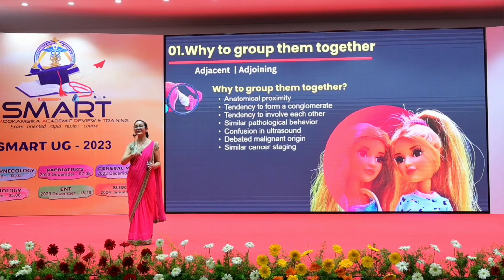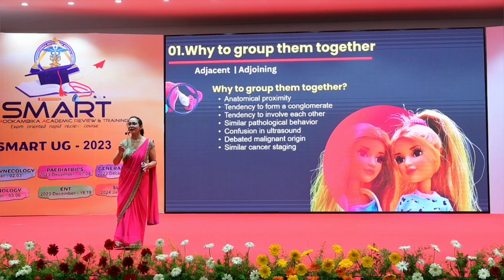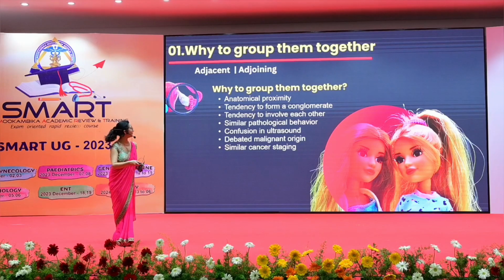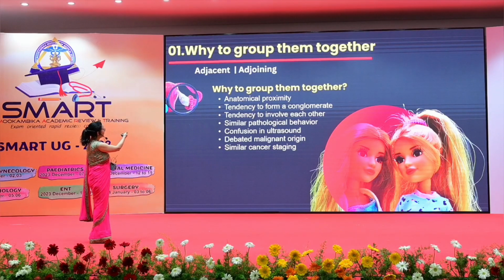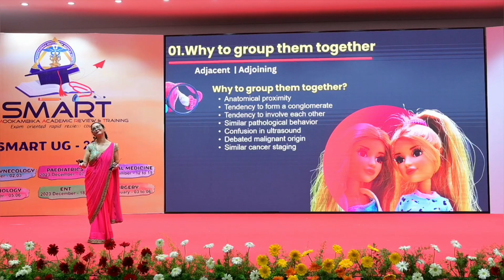So whatever is happening, they run as couples or as friends. If you remember this best friend concept, you will remember why they behave similarly. They have similar pathological behavior. When we are doing ultrasound, it is very difficult to differentiate whether Sita did it or Geeta did it, because they are all the time together.